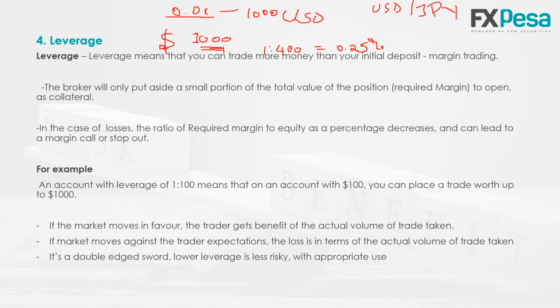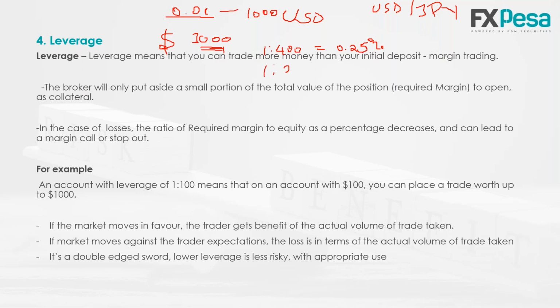But because of leverage, we're able to trade with a small amount of money. But remember, for every $1 you have, you can trade something worth $400. That's what it means. Or if you're looking at the asset value, it's just 0.25%.